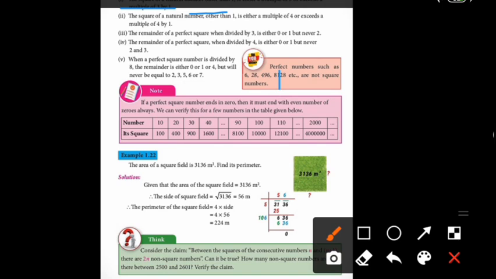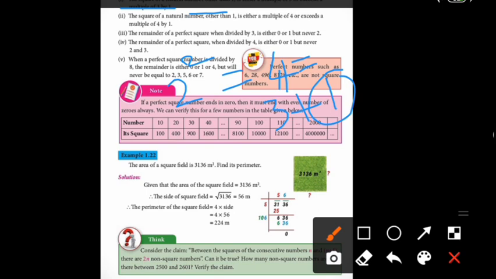Let us take 2. 2 square is 4. It is 3 plus 1. Exceed by 1, that is, add 1. So that is an additional 1.